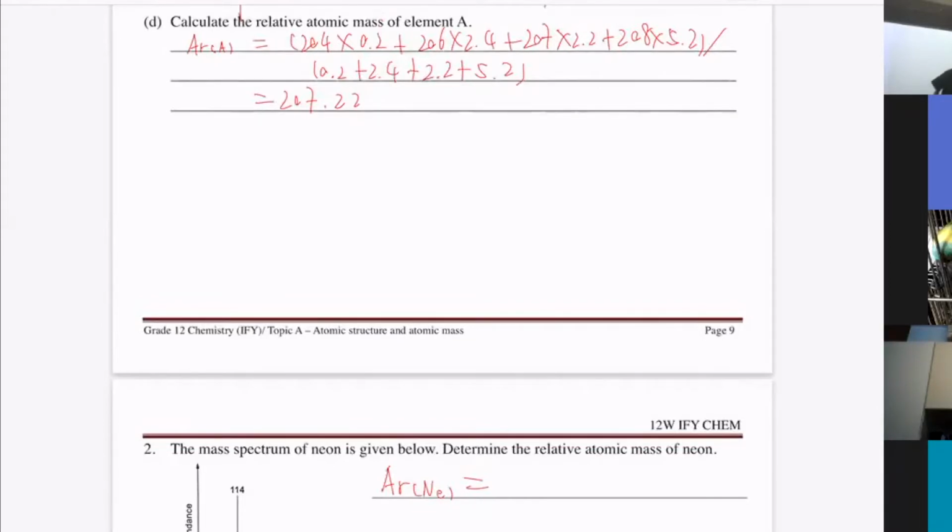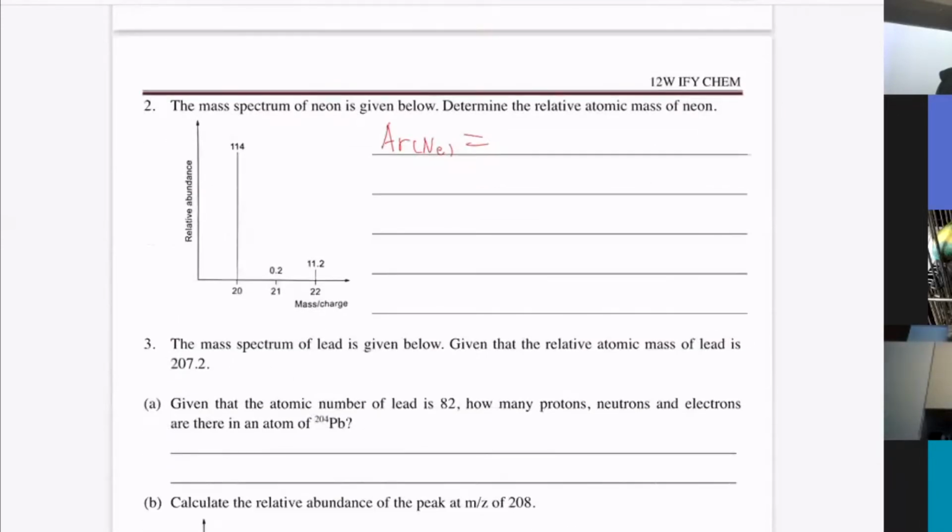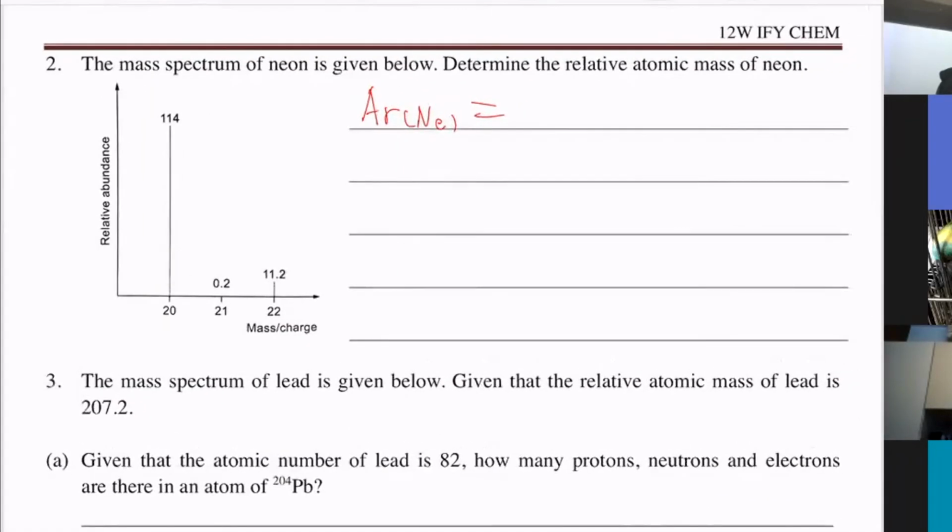40.2. Well, the number doesn't seem right to me again. If you take a look at the mass over charge ratio, it's 20 to 22. So you expect your answer should be somewhere between 20 and 21, because the 20 isotope is more abundant.